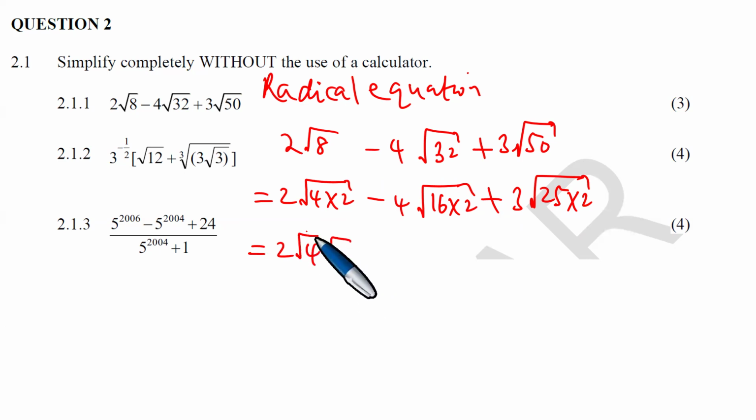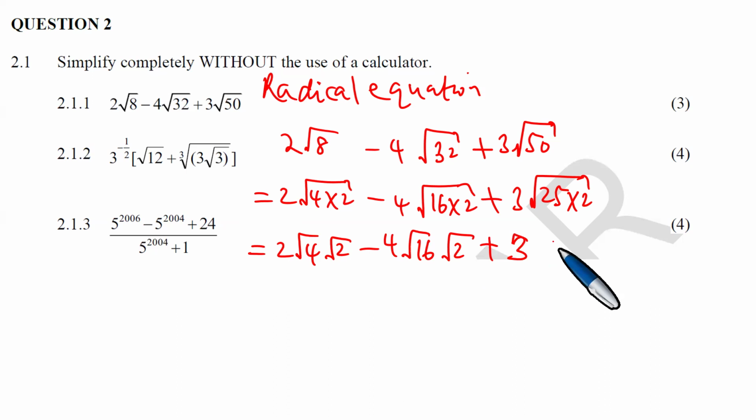We break these down to 2 times square root of 4 times square root of 2, 4 times square root of 16 times square root of 2, 3 times square root of 25 times square root of 2.